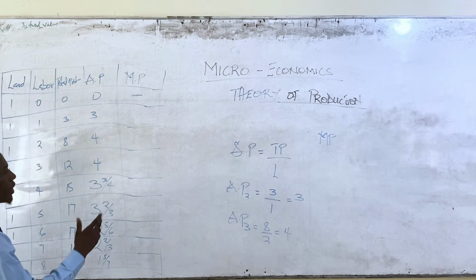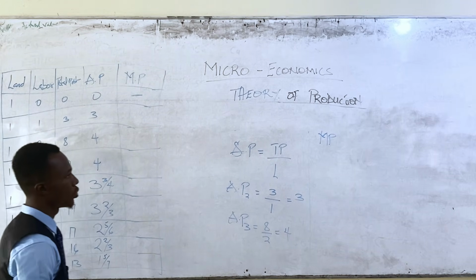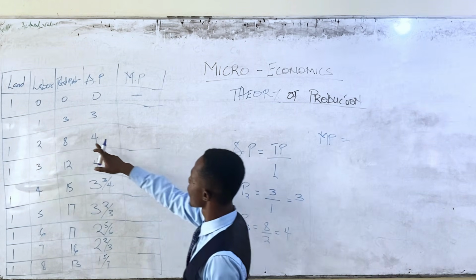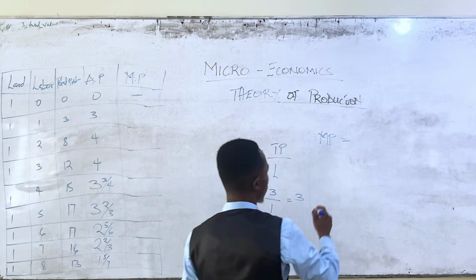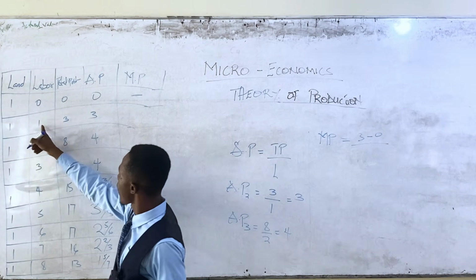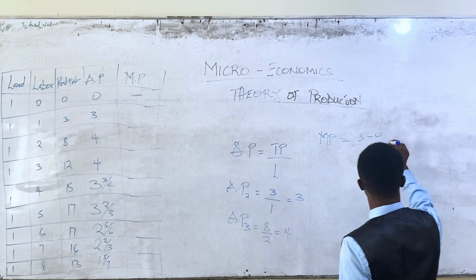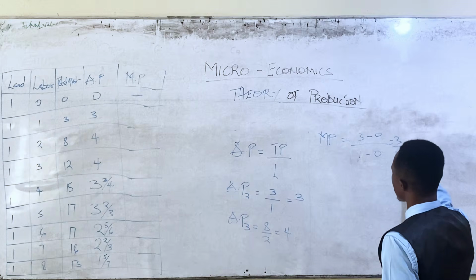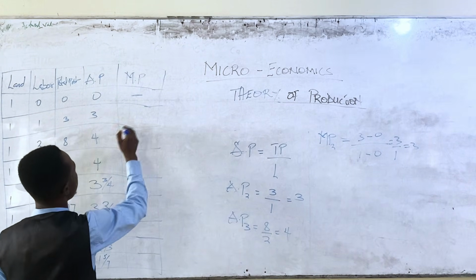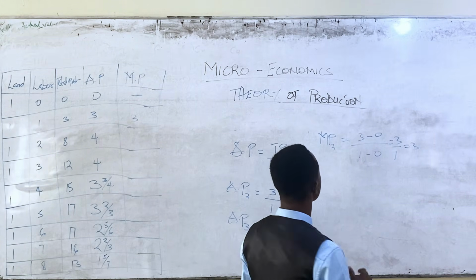So the total product is 3 minus 0 over 1 minus 0. You are going to get 3 on 1, which is 3. That is stage 2, so you have the marginal product to be 3 here.